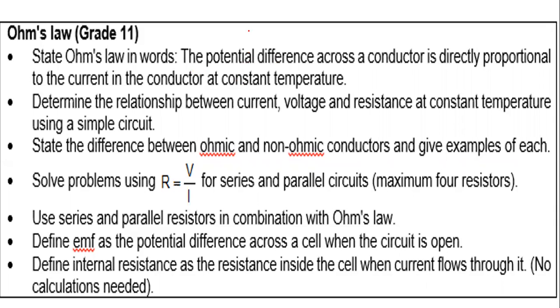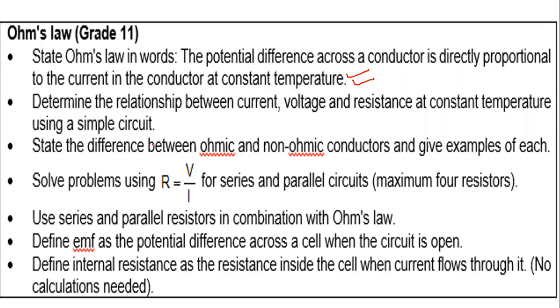The potential difference across a conductor is directly proportional to the current in the conductor at constant temperature. And you know we state it like that, and this definition will be 2 marks or nothing. We won't be doing any part marking. And this is the trajectory that I really want you to follow in working with definitions.